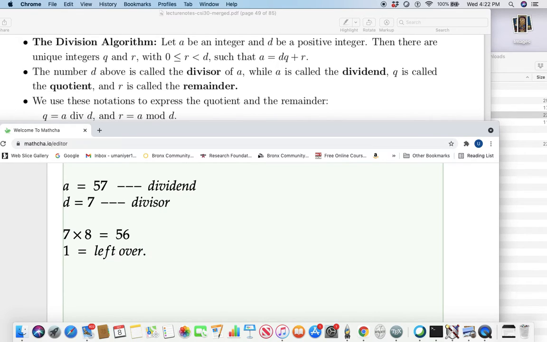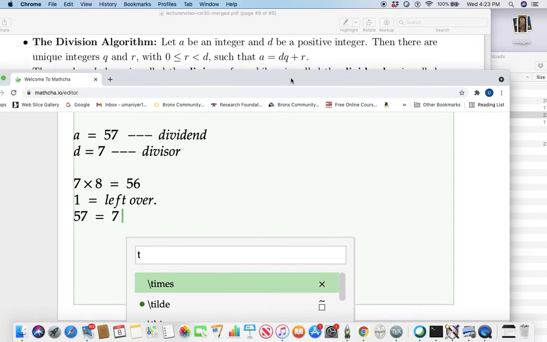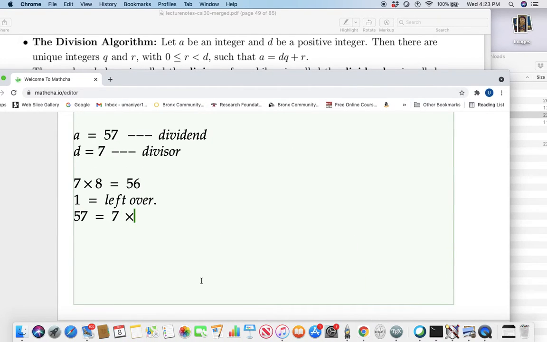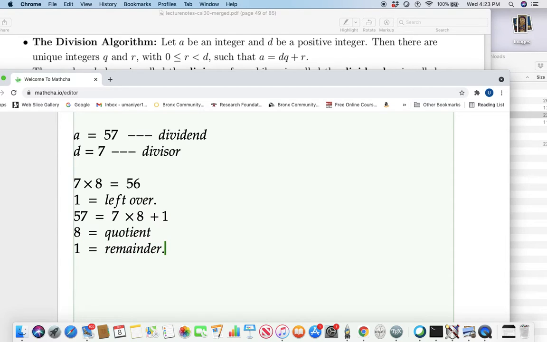In other words, 57 can be written as 7 times 8 plus 1. So I'm dividing by 7, 8 is the quotient, 1 is the remainder.